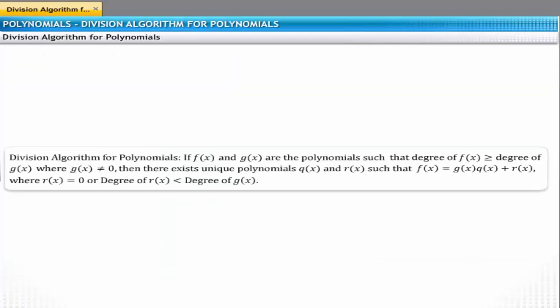In general, the division algorithm for polynomials states that if f of x and g of x are polynomials such that the degree of f of x is greater than or equal to the degree of g of x where g of x is not equal to 0, then there exist unique polynomials q of x and r of x such that f of x is equal to g of x into q of x plus r of x, where r of x is equal to 0 or the degree of r of x is less than the degree of g of x. This is known as the division algorithm for polynomials.